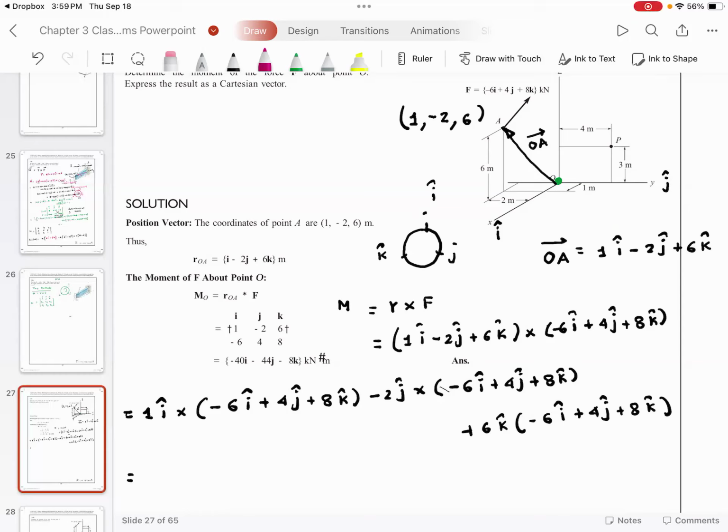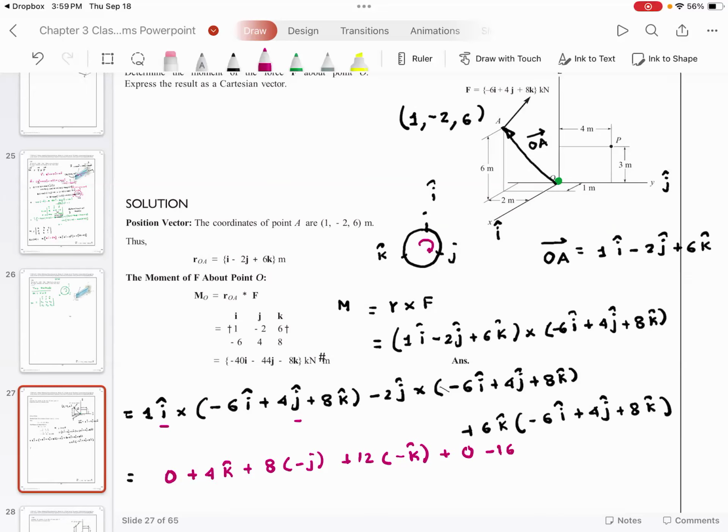I cross I is 0. 4 times 1 is 4. I cross J is K. 8 times 1, 8. I cross K is negative J. Minus 2 times 6 is plus 12. J cross I is negative K. J cross J is 0, minus 2 plus 8, which is minus 16.